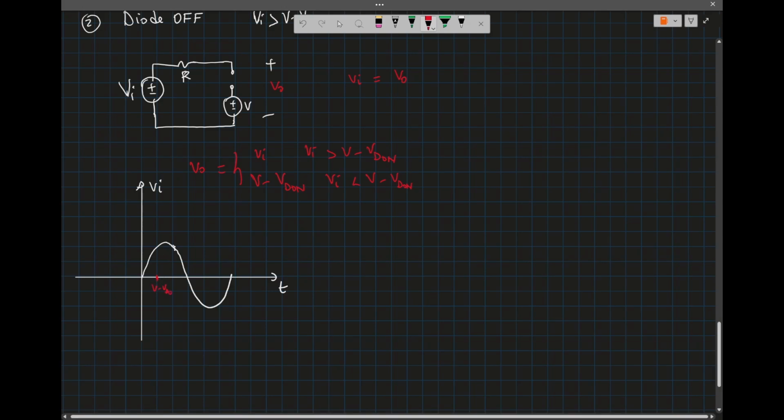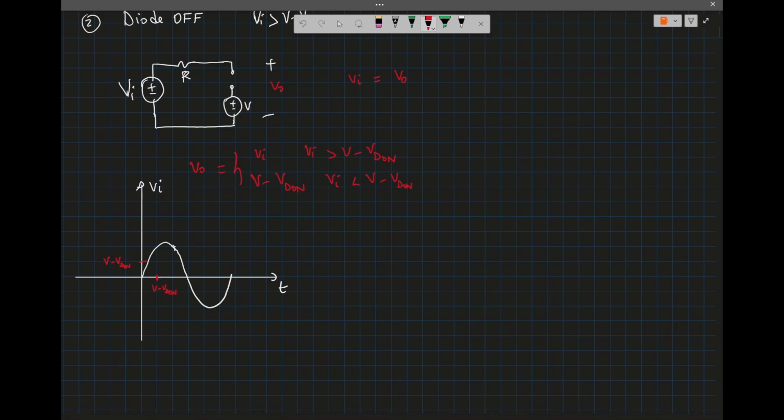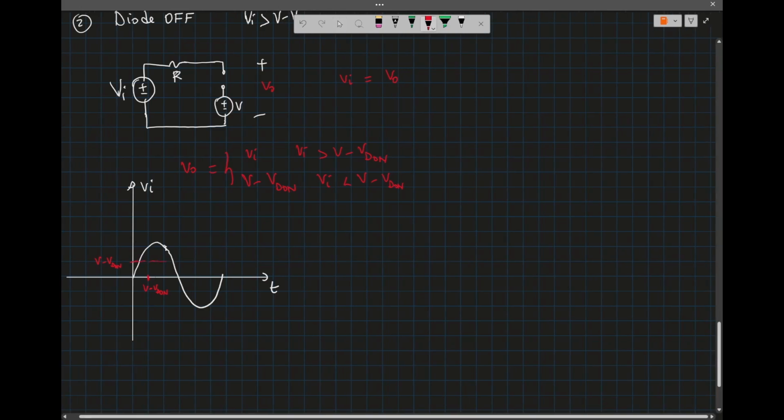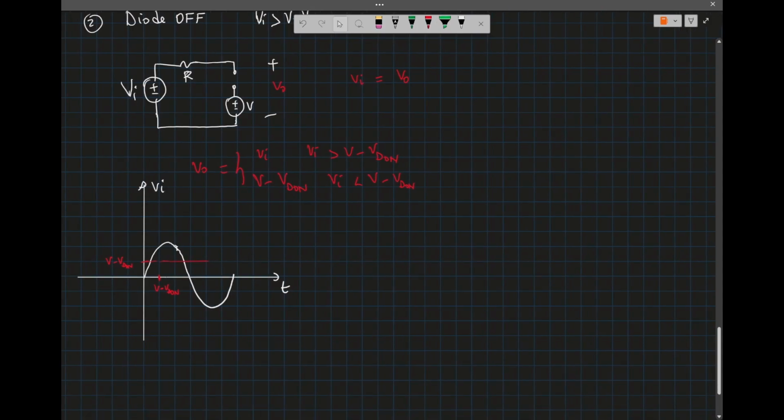Let's assume that V is bigger than VD1, so the difference will be positive. When the input voltage is bigger than V minus VD1, which is here, then the output voltage equals VI.